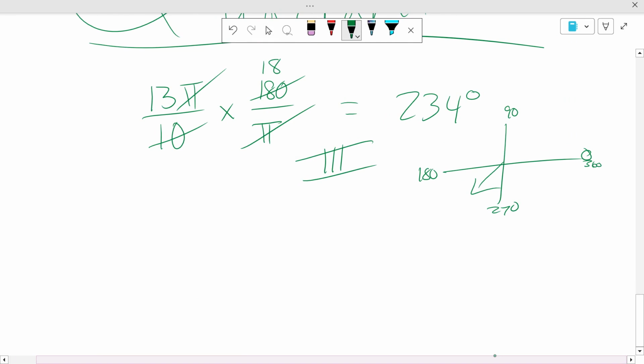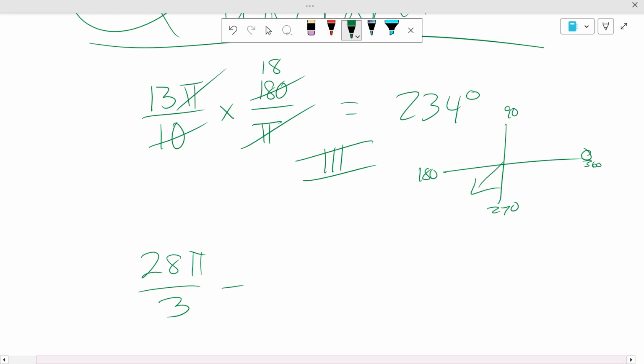What if I have 28 pi over 3? What quadrant am I in? Well, I could change it into degrees, or I could find a coterminal angle. What do I subtract from this to get smaller?